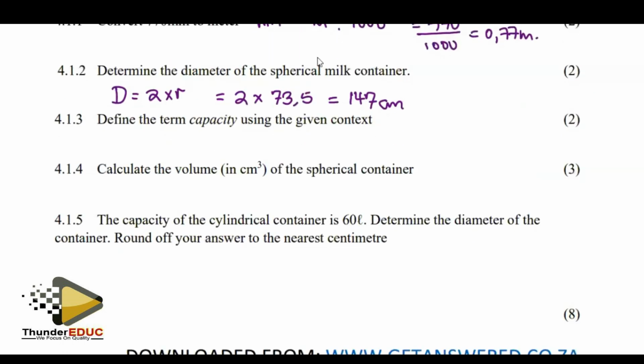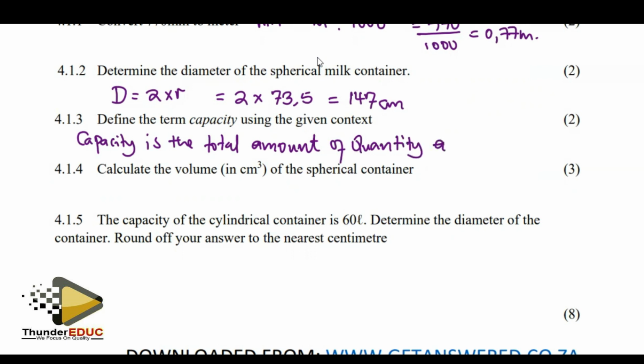So define the term capacity. Capacity goes hand in hand with the volume, but capacity, we shall say, is the total amount of quantity a given container can carry or contain.